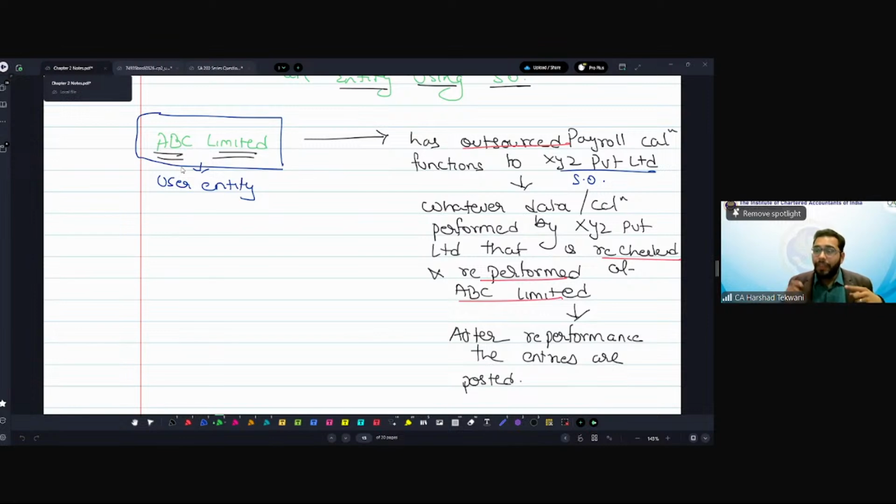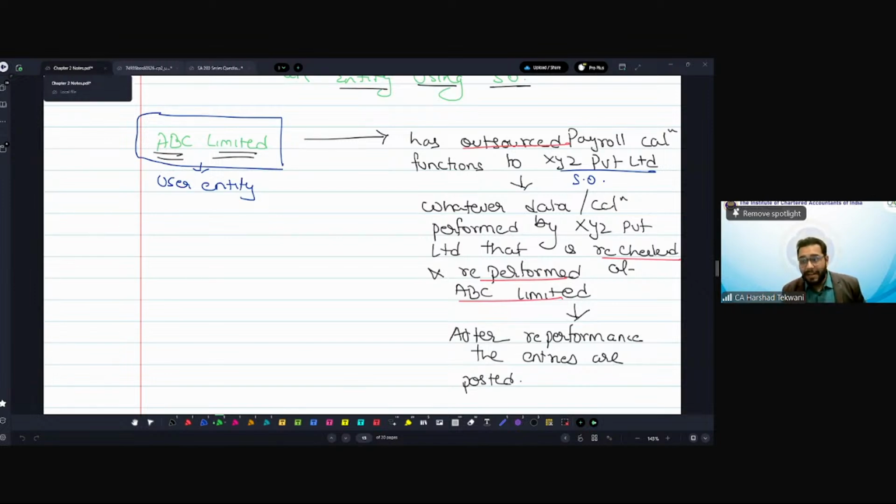If not, which standard have they used? Because as a member of the institute, I will use SAE 3402 and then I can rely on the report perfectly fine. But if the report is issued from outside India or by someone who is not a member of the institute, I have to do some procedures before relying upon the report.